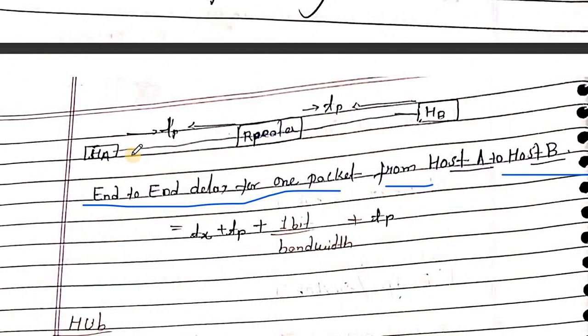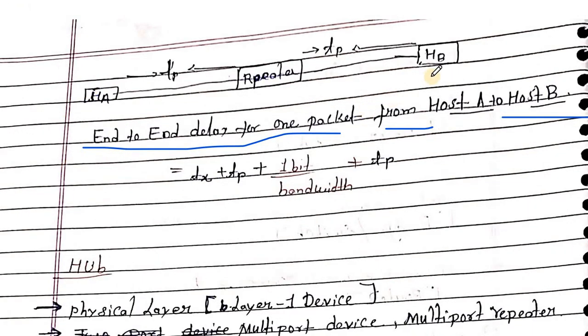So here is an example: there is a host and a destination host. Between them there is a repeater.